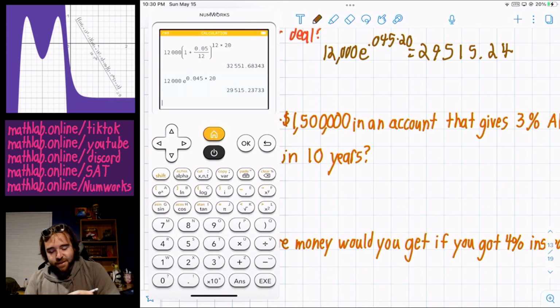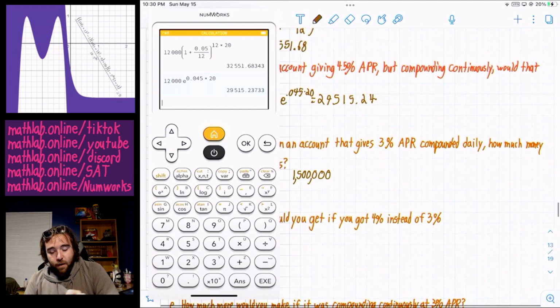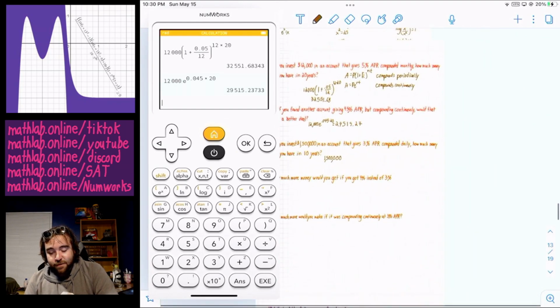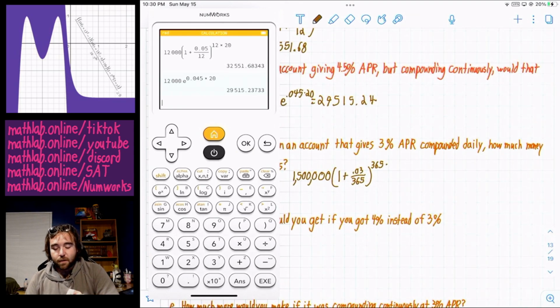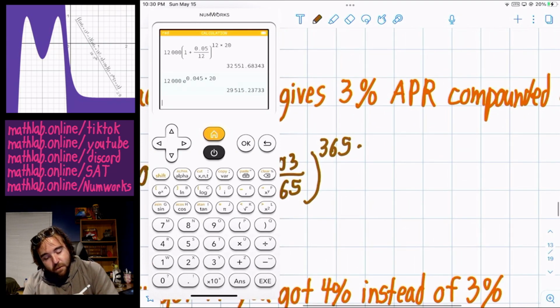So let's use this next one. So now we have $1.5 million compounded daily at 3%, 10 years. So 1 plus 0.03 over 365 days in a year. So we're compounding 365 times per year times 10.